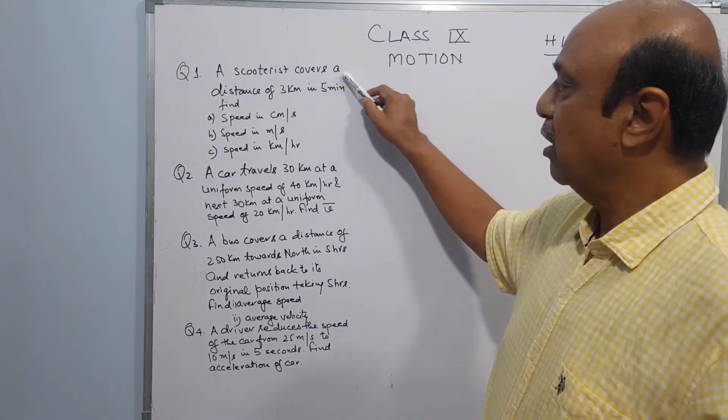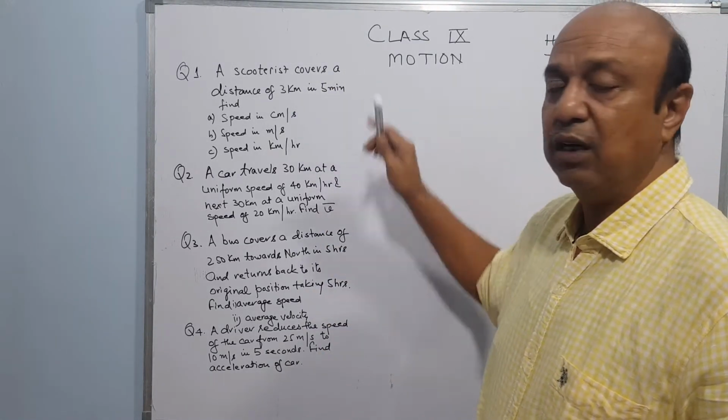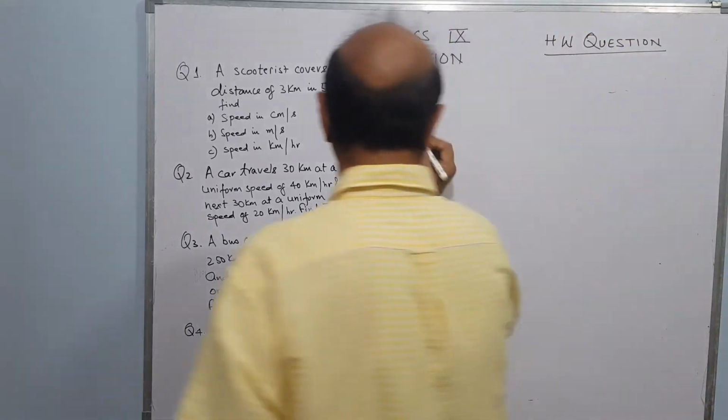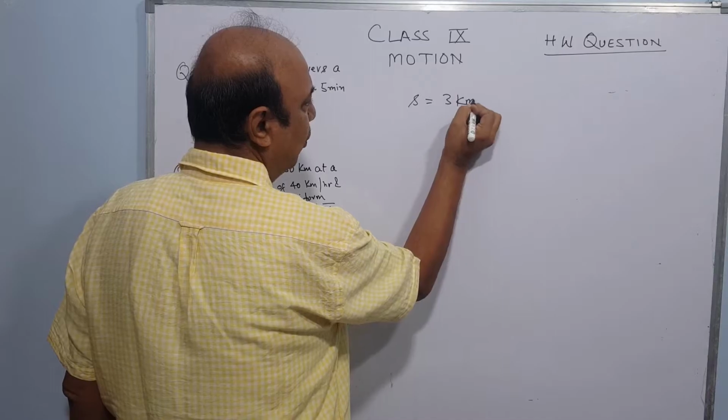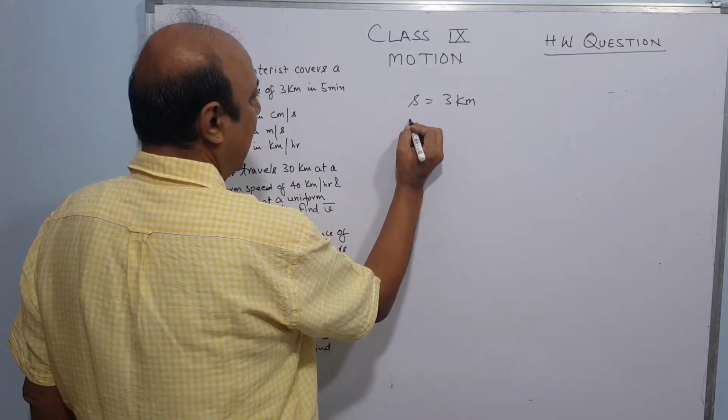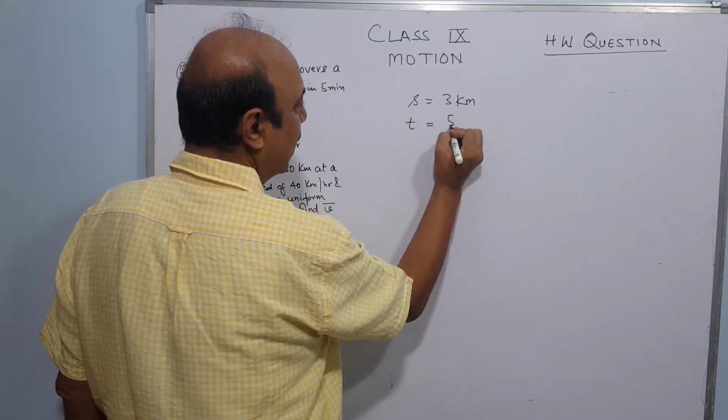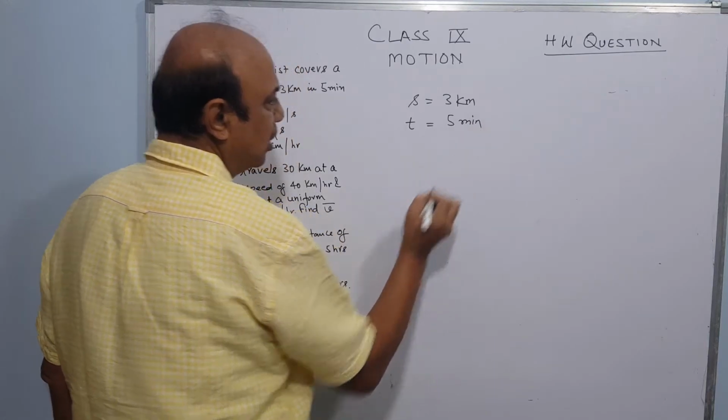A scooterist covered a distance of 3 kilometers in 5 minutes. So what is given? S is given as 3 kilometer. Time is given as 5 minutes.